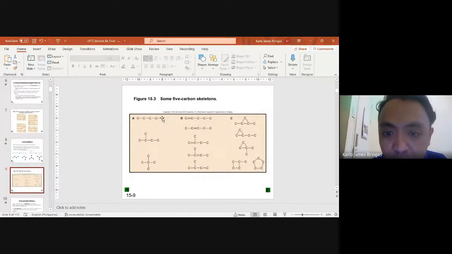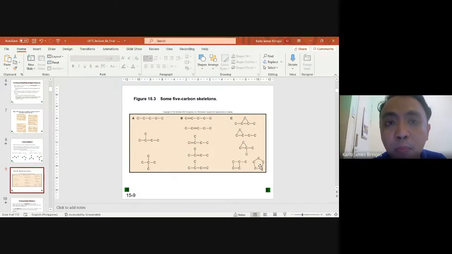So in here, you have some examples of other carbon skeletons with 5 carbons. As you can see, just having 5 carbons allows us to form a wide variety of carbon skeletons in which you can now build a particular molecule. If I count, we have 1, 2, 3, 4, 5, 6, 7, 8, 9, 10, 11, 12, 13.